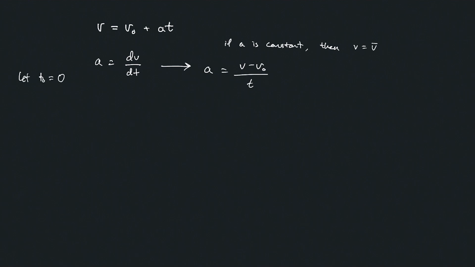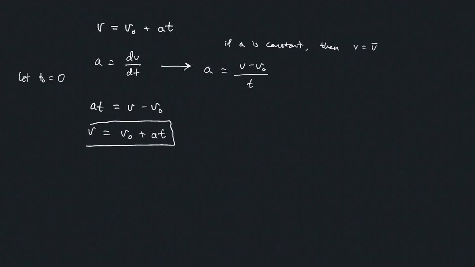Now we can rearrange the equation by multiplying t to both sides. And finally, we are going to add initial velocity to both sides. So we end up with this equation. This is our first kinematic equation, and kinematics just deals with the description of how objects move.